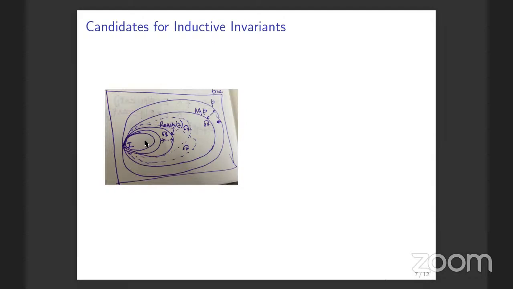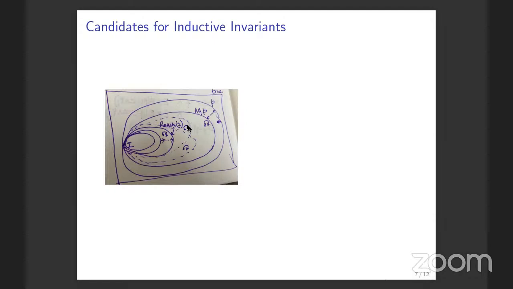But I won't know ahead of time, until I compute the fixed point, what elements I can actually include in the over approximation of I that I can use to do the Kleene iteration.